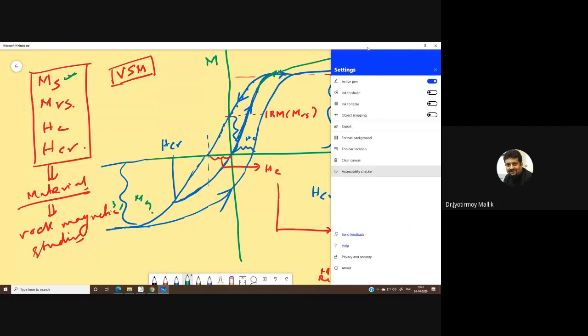Now within that ferromagnetic community, like you have isotopes, similarly within the ferromagnetic community, there are a few more areas of magnetization.